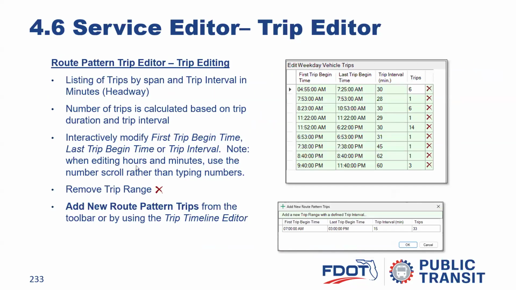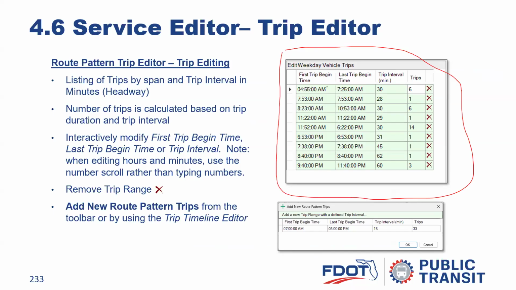All right. So you saw in the upper left corner was the listing of trips by span and trip interval in minutes, right? So what this form gives you is the ability to see a grouping of trips.